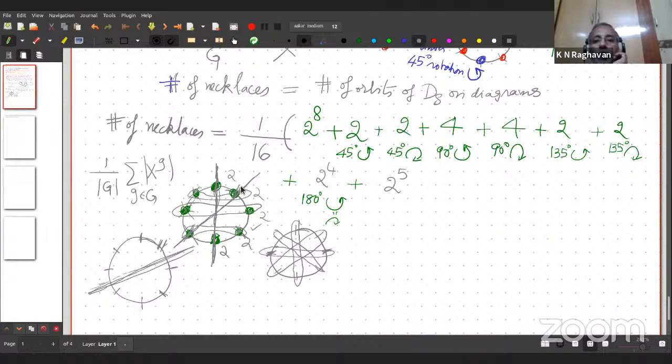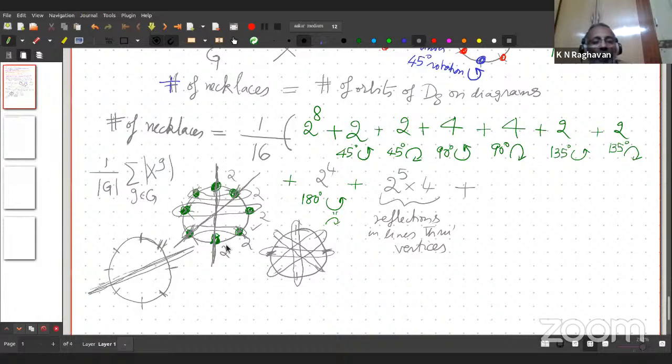So let me write 4 here. This is for reflections in lines through vertices. So there are 4 of those reflections, and each one of them contributes 32.